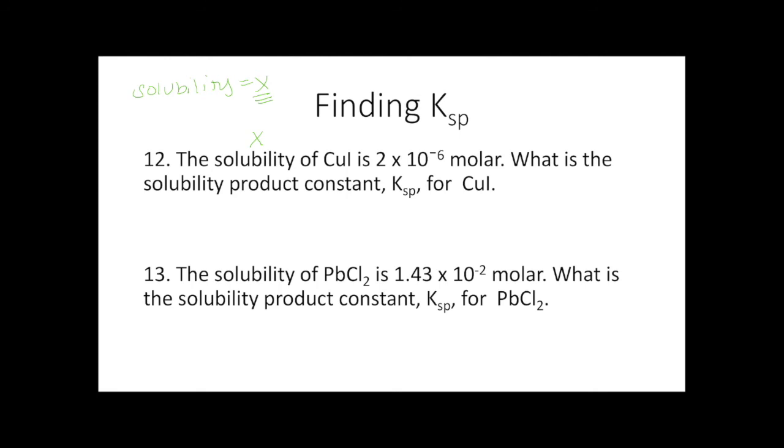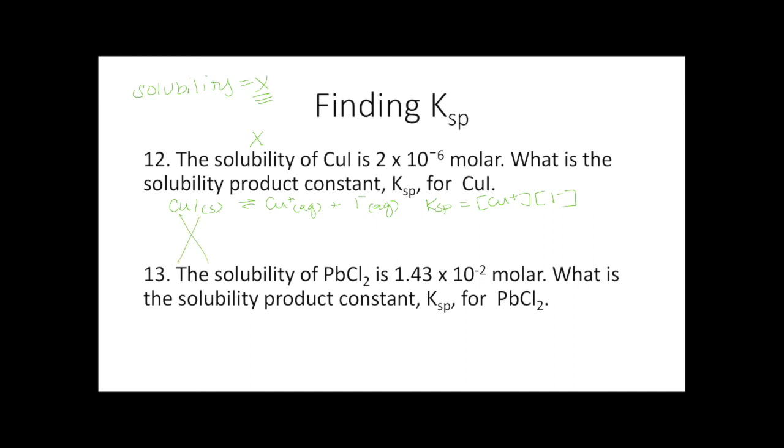What is the Ksp for copper iodide? So first, we write our expression. We write our balanced chemical equation. Copper iodide solid breaks into copper 1 aqueous plus I minus aqueous. My Ksp is going to be copper plus times I minus.